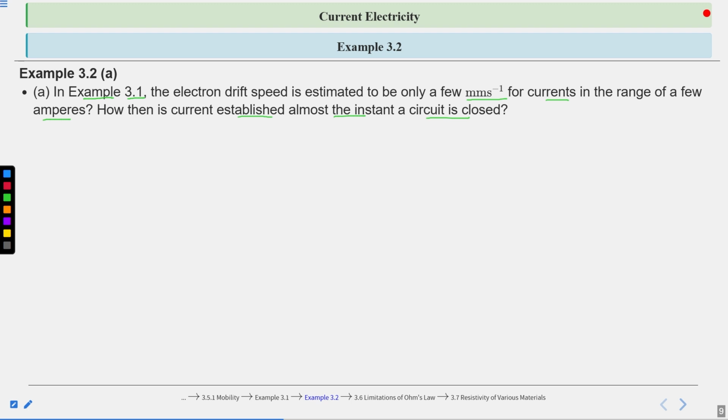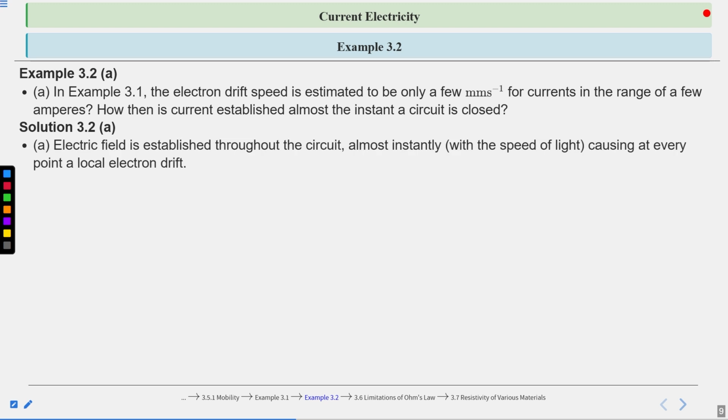Okay, you have to think about it this way: electrons are present everywhere in the conductor, and the speed of the electric field is the speed of light. So when we close the circuit, an electric potential difference is created and an electric field is produced. Due to the speed of light, it will influence the electrons at that instant only, instantaneously.